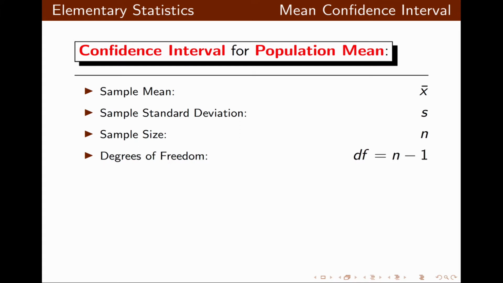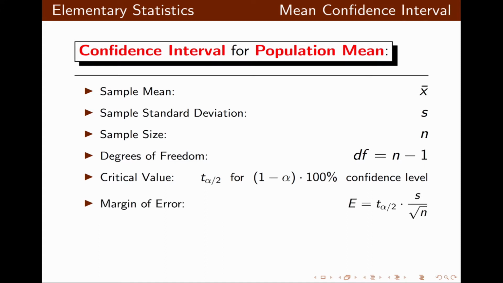With the degrees of freedom n minus 1, the sample size minus 1, we find the critical value t alpha over 2 for the desired confidence level. Then we're going to compute the margin of error, which is t alpha over 2 times s divided by radical n.